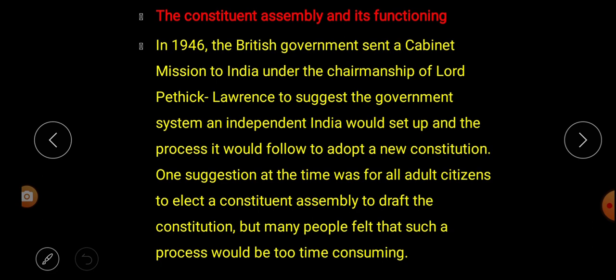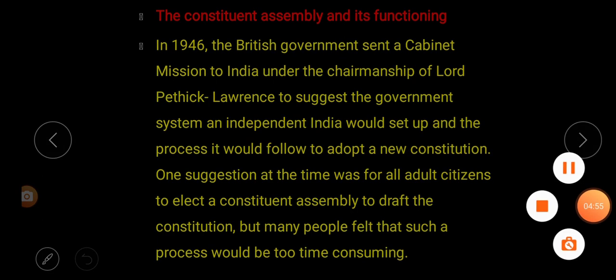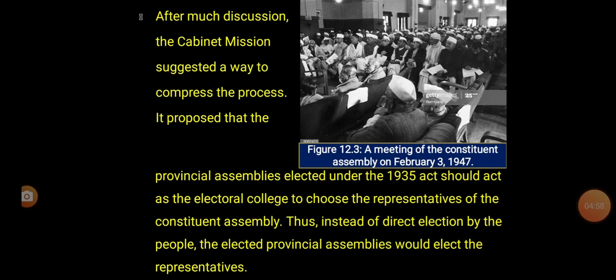They also suggested that all adult citizens, those above the age of 21, would elect the Constituent Assembly and make the constitution. But many people thought that it would take more time. Next paragraph.